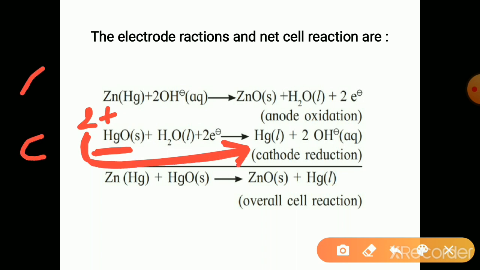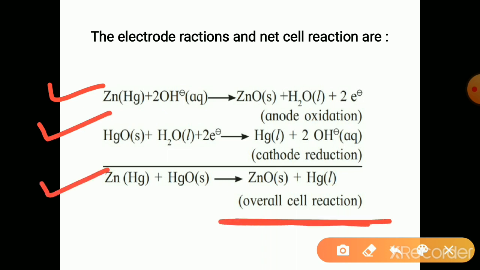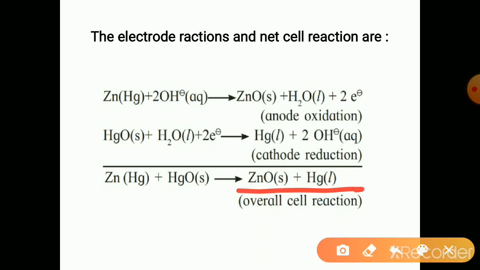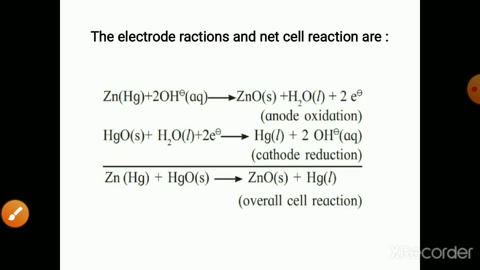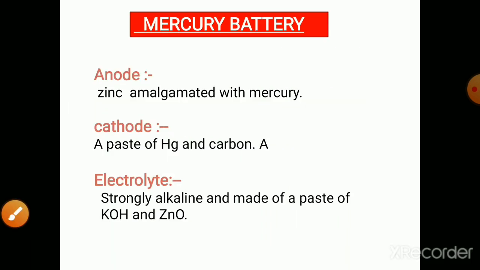This is the anode reaction, oxidation; this is the cathode reaction, reduction. So mercury ions in the +2 state get converted to mercury. When these two half reactions are added, we get the overall cell reaction. In the overall cell reaction, the products are zinc oxide and mercury in the liquid state. So this is about the mercury battery.